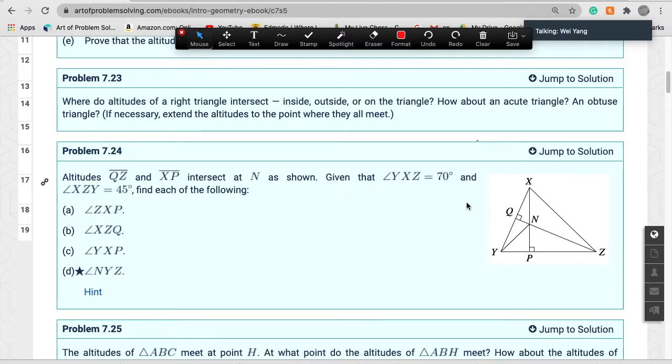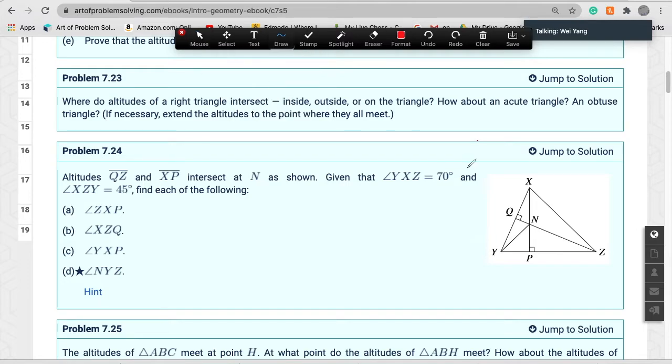Given that angle YXZ equals 70 degrees and angle XZY equals 45 degrees.